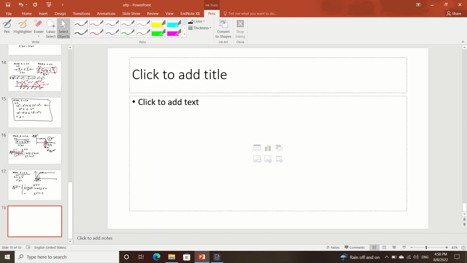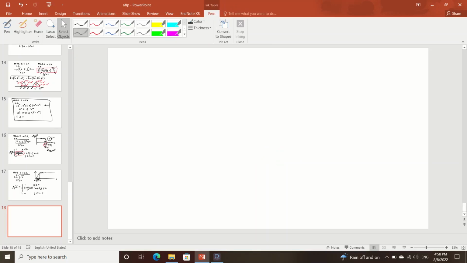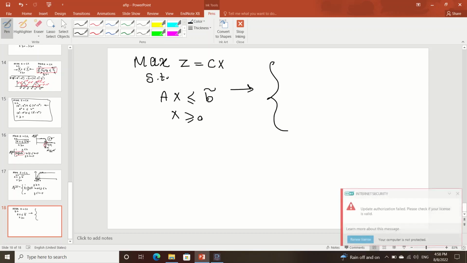And for this purpose, we can rewrite the standard fuzzy linear programming, for example, ax less than b, to this structure.